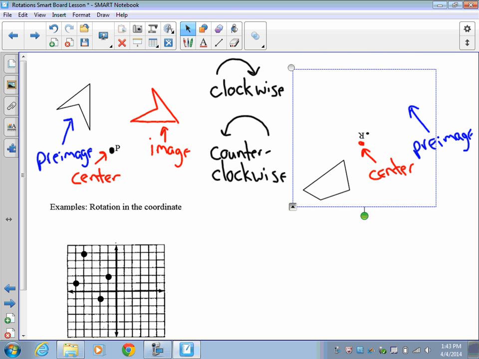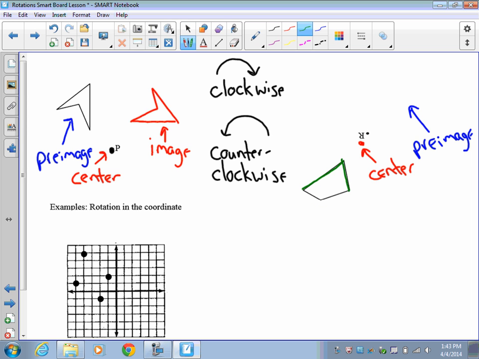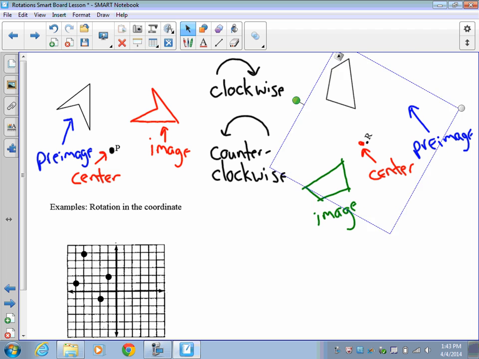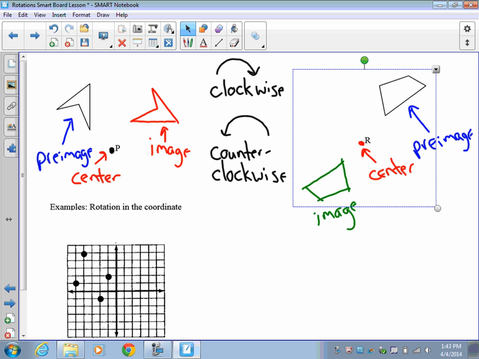But 180 degrees around will make my image right here. So that's my image. So again, I have my pre-image there, and my image is flipped around just like that. Which gives you a good idea of what to do for these rotations.